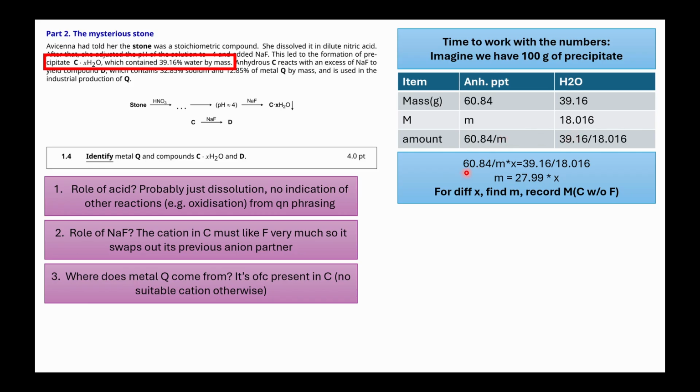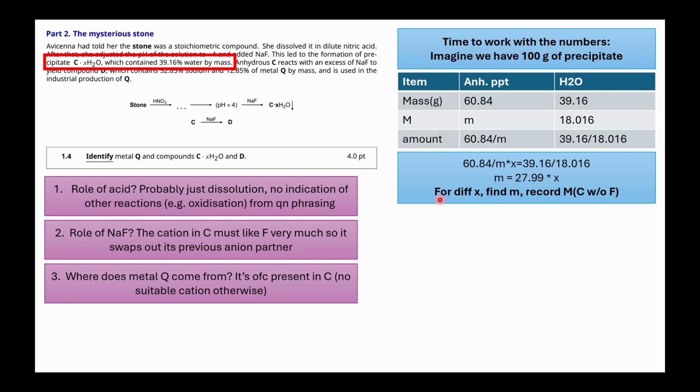So you bring the x over, so you get 60.84 divided by m times x equals this thing on the right hand side, and rearranging everything, we get m equals 27.99 times x. I usually find multiplications easier to work with than divisions because that will allow me to squeeze everything into a single line, so I just change everything to multiplication.